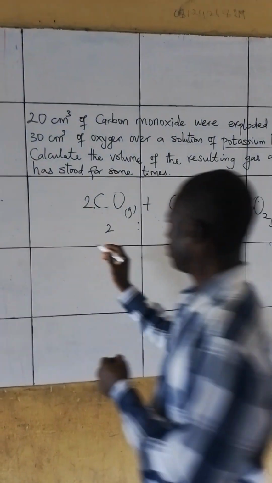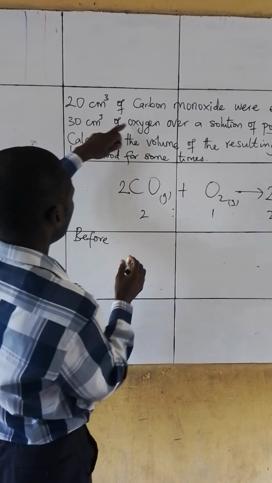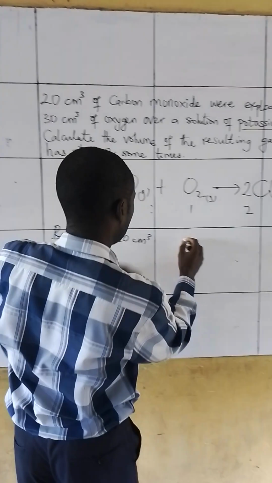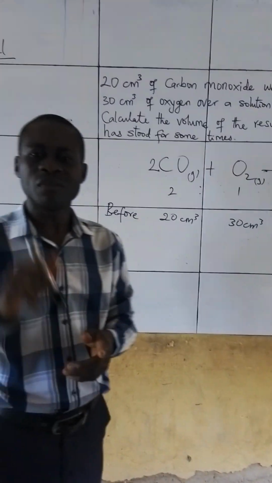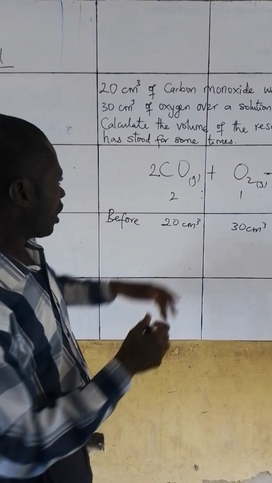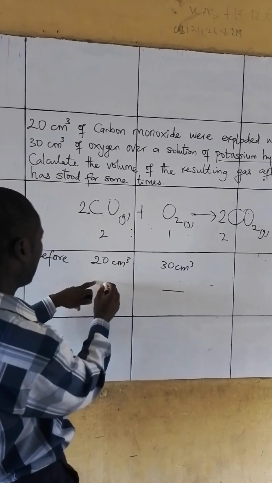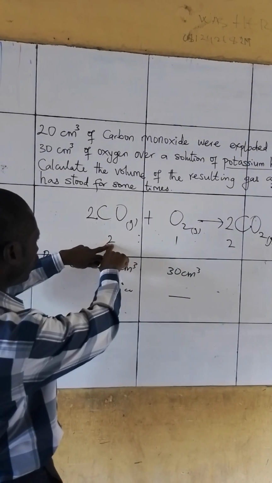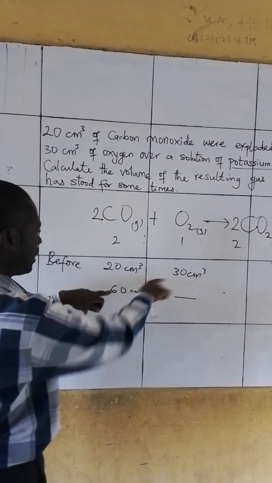Before the explosion, or before the sparking, there are 20 cm³ of this and 30 cm³ of this. As I said earlier, yours is to identify which gas will be completely used. If I'm to use all of 30, that means I need 60 cm³ here, and it was not provided, because if ratio 1 is 30, ratio 2 will be 60.